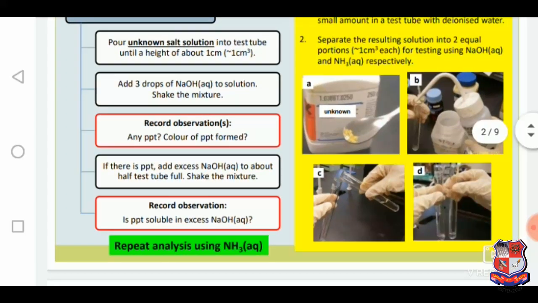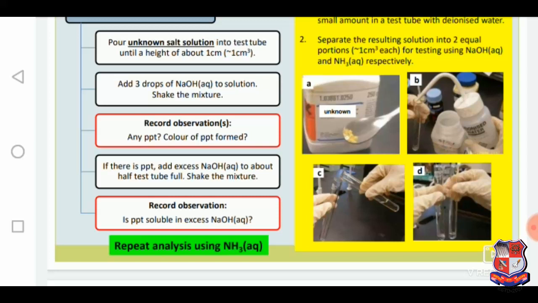Now here, what kind of measures the students or the analyst has to take: the height of about 1 centimeter, and half a test tube in excess amount.